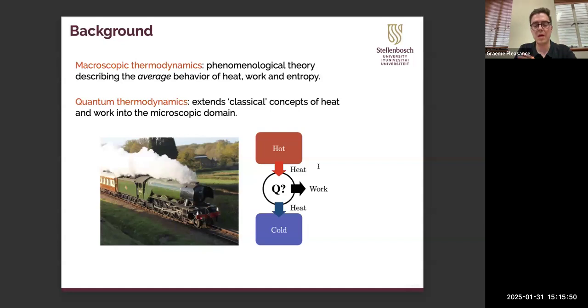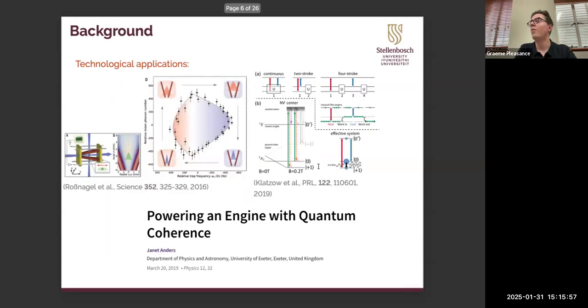So this maybe seems something that's more in the realms of science fiction than science, but I wanted to highlight some seminal experimental work that's been done in this field. I should say that the field of quantum thermodynamics is a relatively new area.